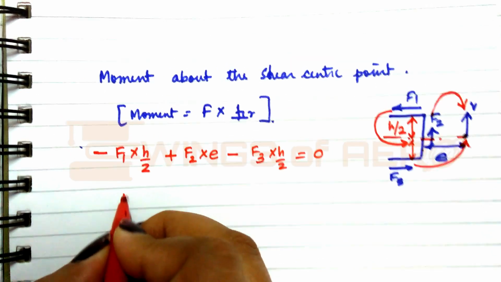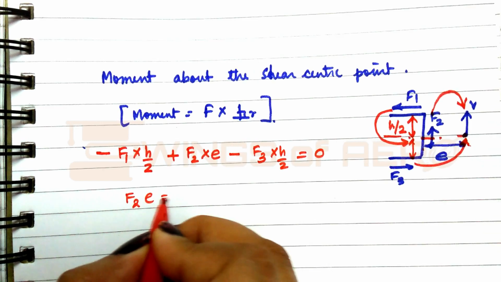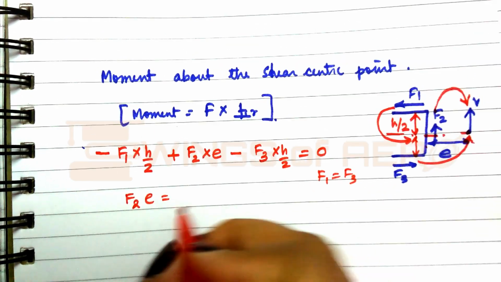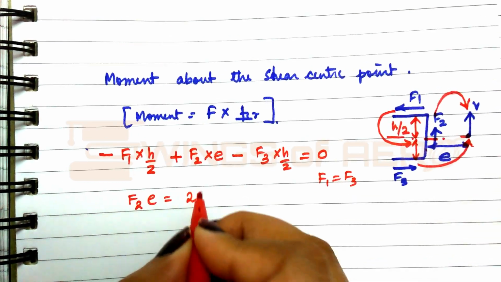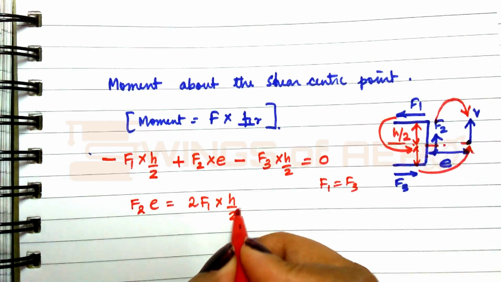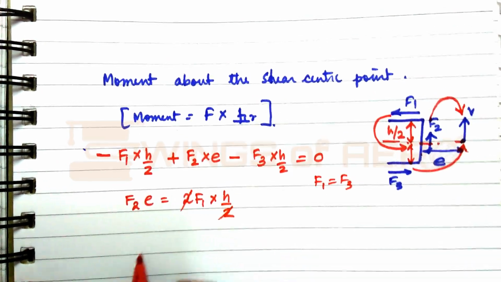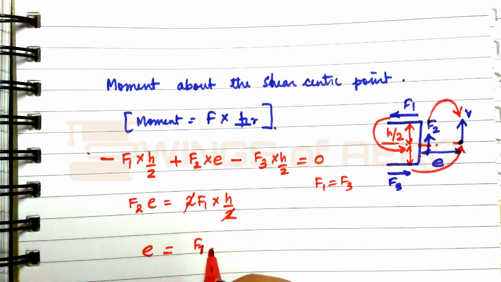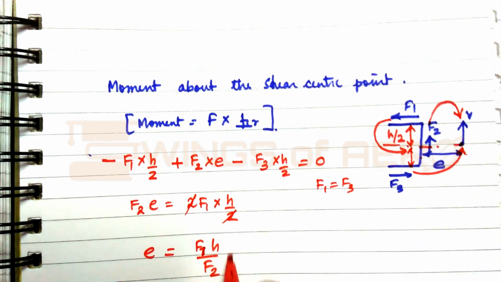So from this equation we can find that since F1 and F3 are the same, we can write twice of F1 into h by 2. So this 2 and this 2 will get cancelled off. So E equals F1 h by F2.